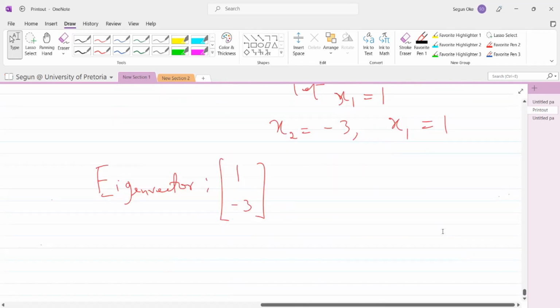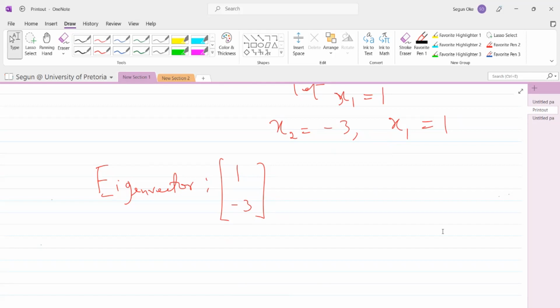So that is it for another day. I will just explain the last one and you will complete it in your own space, which is the 3 by 3 matrix.